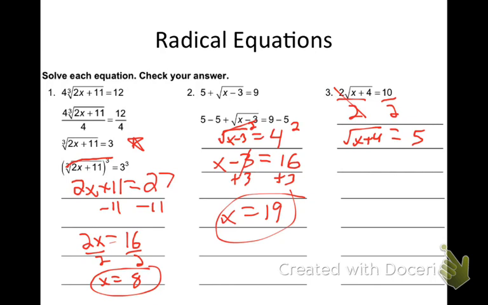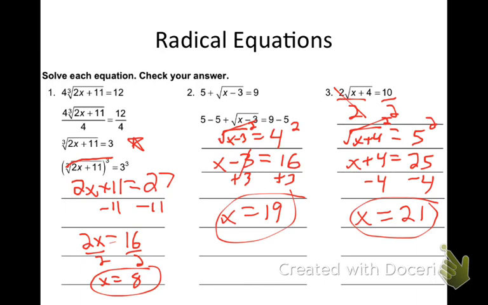I need to take the square to both sides. That gives me x plus 4 equals 25. Now I need to get x alone, so what do I do to both sides? I subtract 4. And I get x equals 21. How are we doing so far? Good.